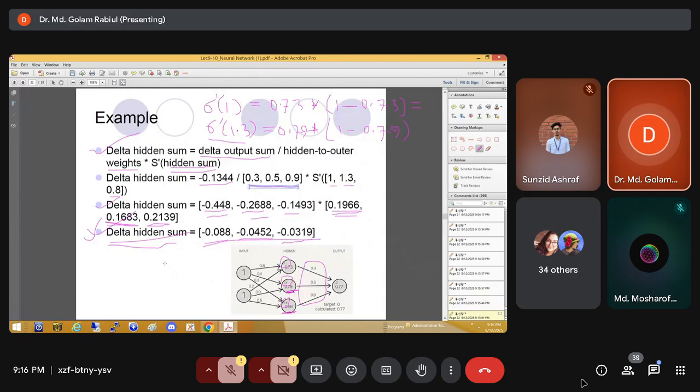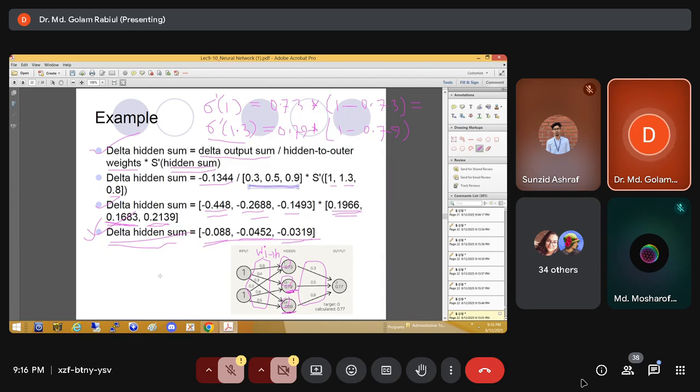But the problem is we are not actually trying to find the delta hidden sum; we need to find the delta W, the weight of input to hidden layer.